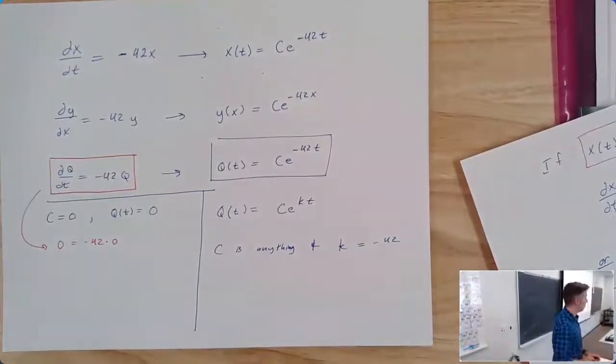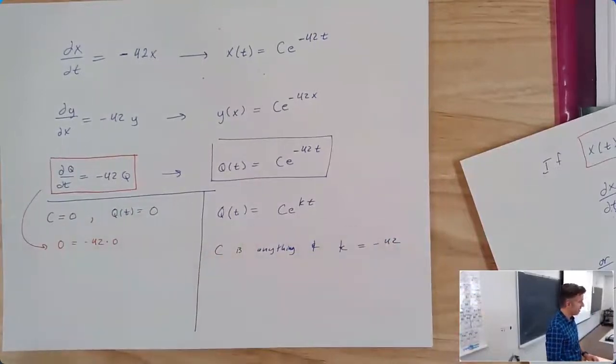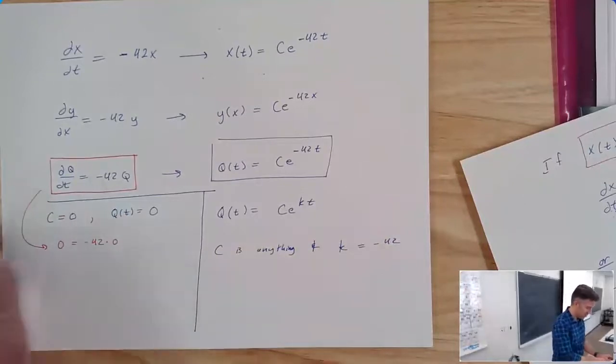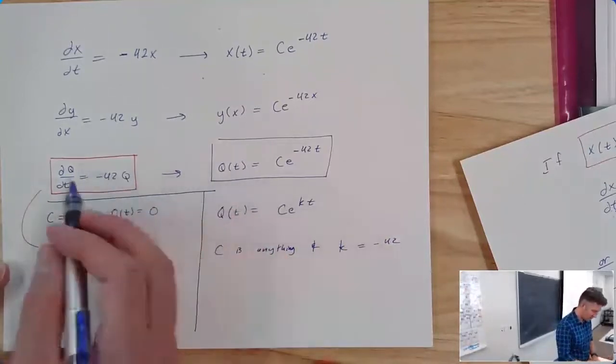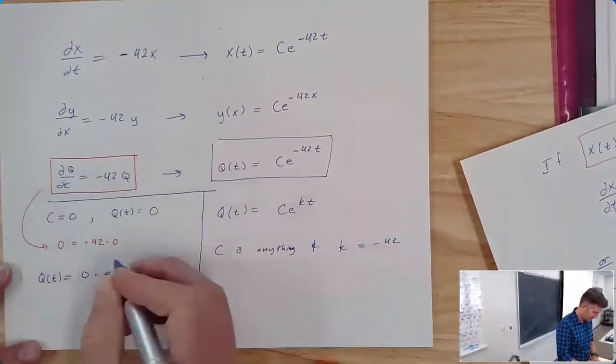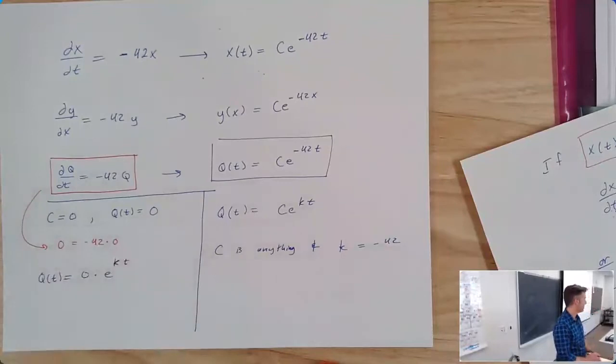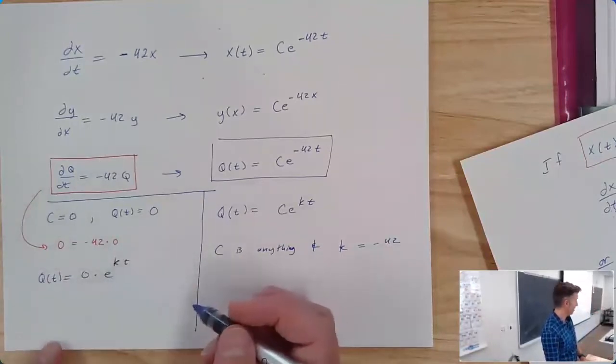So the only difference between C being 0 here and C being anything here is that if C is 0, then q(t) equals 0 times e to the, it doesn't actually matter what k is, because no matter what k is, you're still going to get 0.